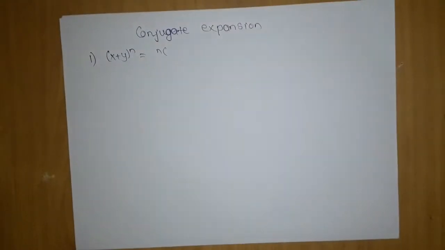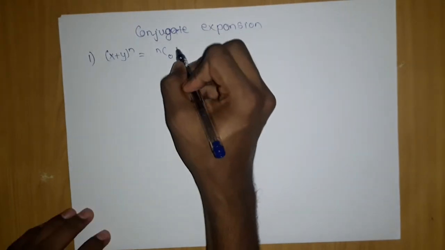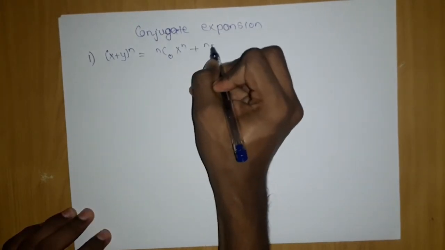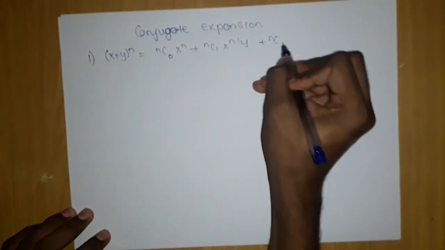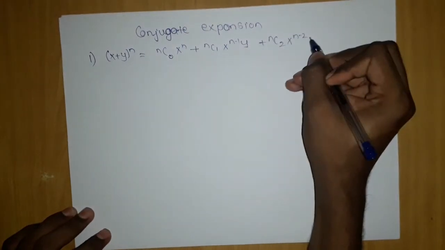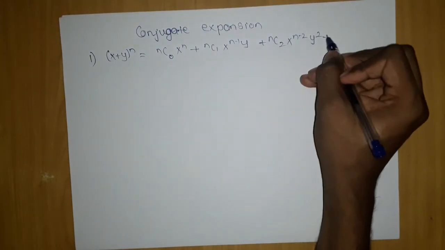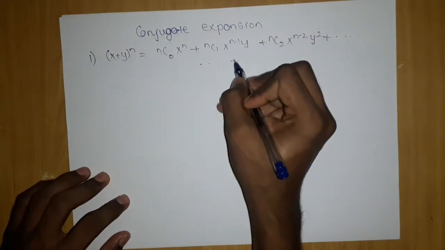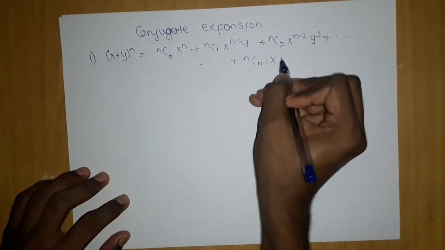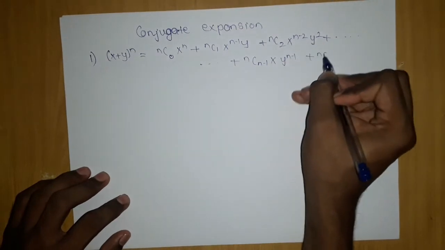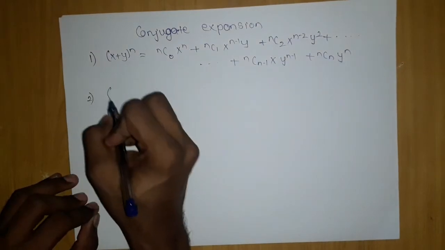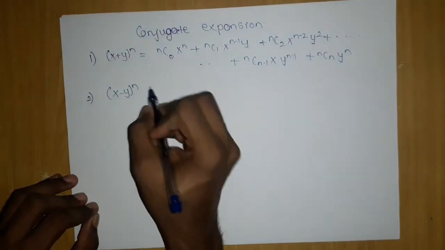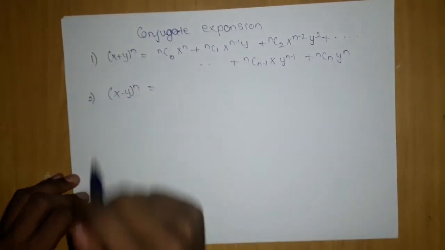I'm going to get something like nC0 x^n plus nC1 x^(n minus 1) y plus nC2 x^(n minus 2) y^2, and this will go on till we reach a term nC(n minus 1) x y^(n minus 1) plus nCn y^n, right? Similarly, if I take another expansion which is (x minus y)^n, conjugate means the same thing, just here the sign will be different.